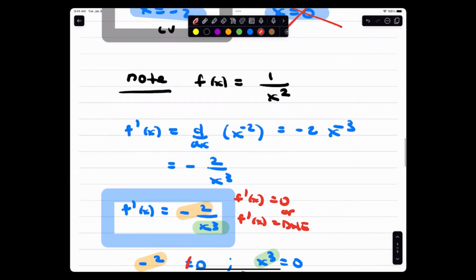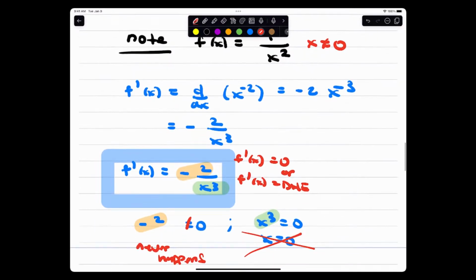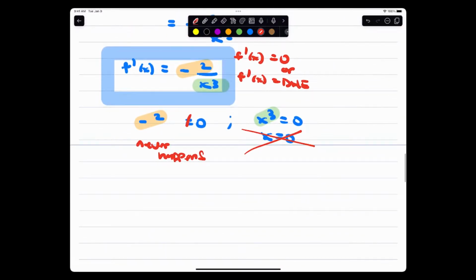Because this function is not defined at what? At 0. So to be a critical value, you have to be in the domain of the function as well. So you might say, well, what does that mean about this curve? It means there's no what? There's no critical values. That's what it means.